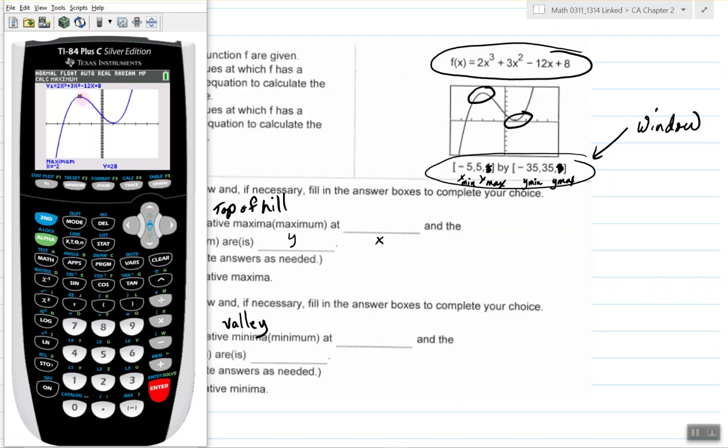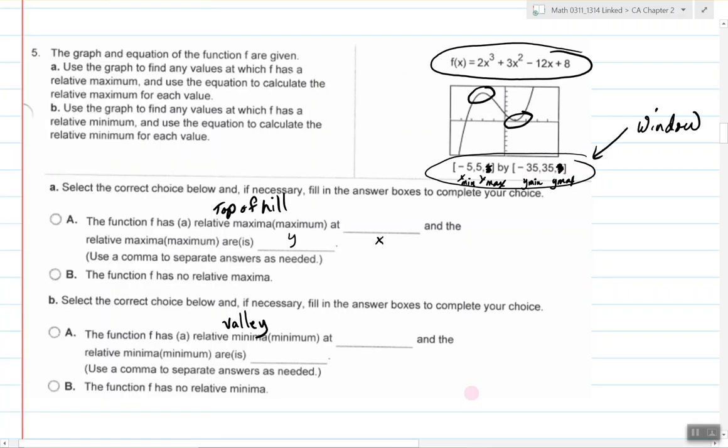It has the marker at the maximum, and then it has the coordinates down here. The x is -2, and the y is positive 28. So the point is -2, 28.